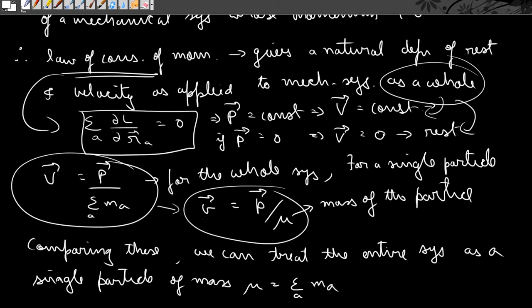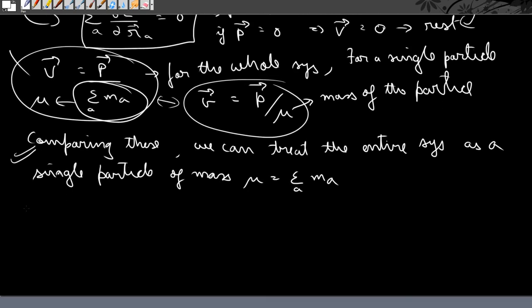Because if you see mathematically, these equations form is the same. So if we define this as some mu, there is no way of saying whether we are dealing with a total system which consists of many particles or whether we are dealing with a single system. Both are equivalent, and that is what this statement is explaining. We can treat this equation as the equation which describes the velocity of a single particle whose mass is given by summation over a of m_a.